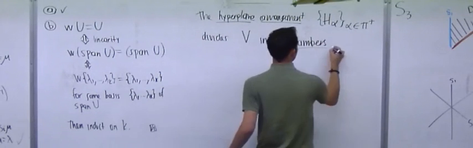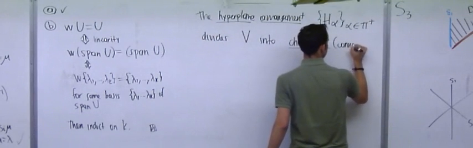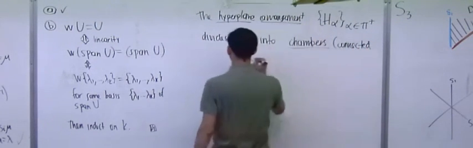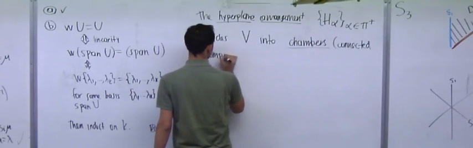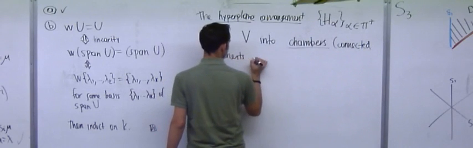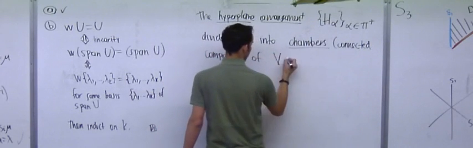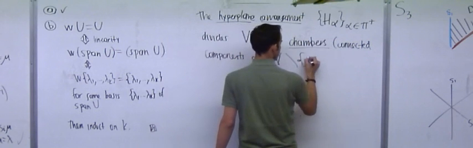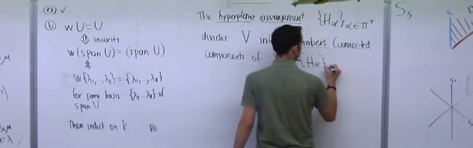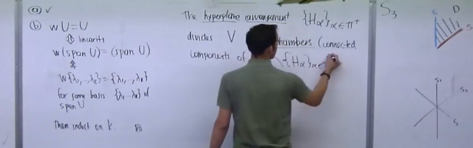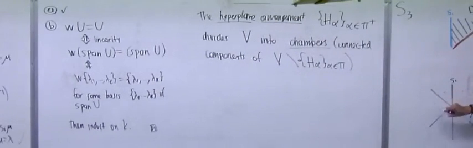A chamber is one of the connected components that you get when you take your vector space and you get rid of these hyperplanes. So in this case, here are my 6 chambers.